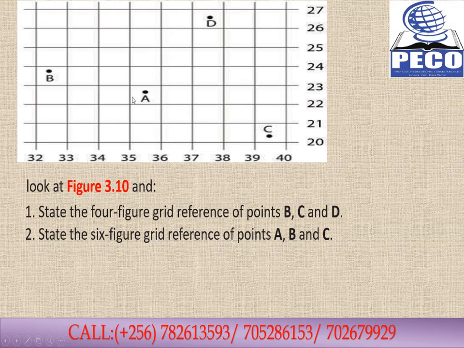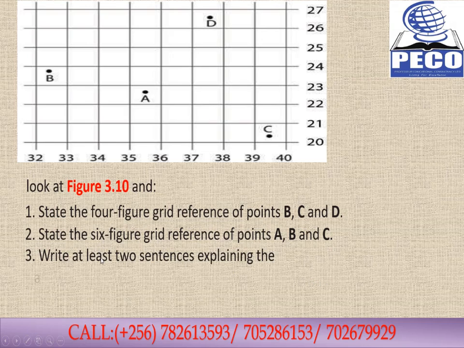Therefore, we shall divide this into 10 equal squares, and then northwards into 10 equal squares, and then from 35 we count the number of squares up to that point. Then from 22 we shall count the number of squares up to that point. So try to work out and establish the 6-figure grid reference of point A, point B, and point C.